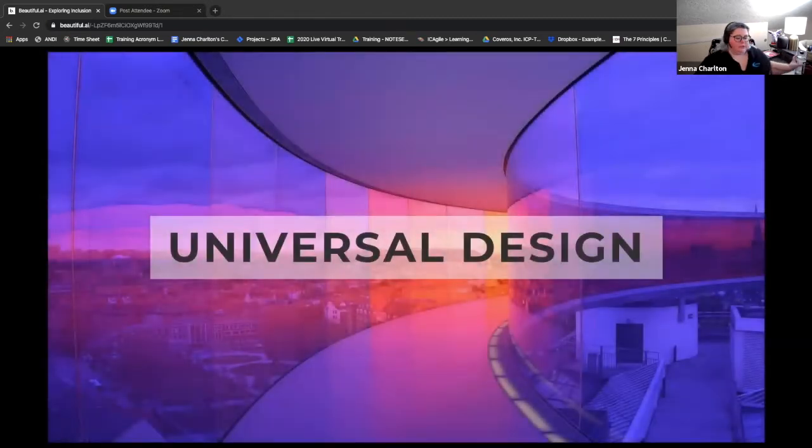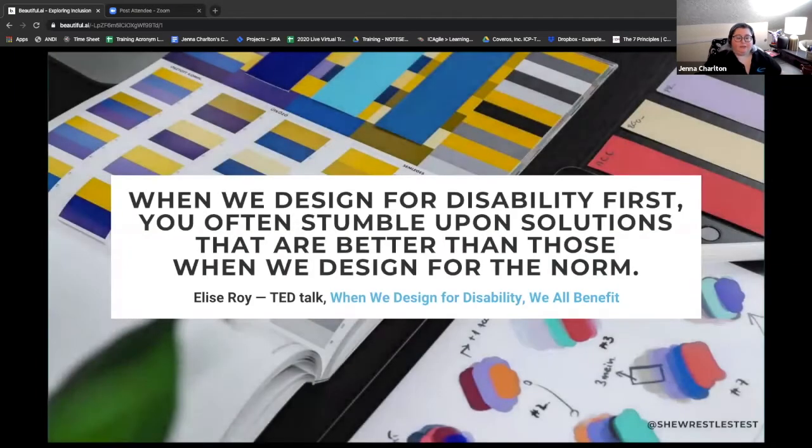Now, one of the principles of a design system is to use this principle. It's called universal design. Universal design is all about making sure that both the digital and physical world is accessible to everyone. Elise Roy, who's really kind of one of the experts on this universal design concept, says when we design for disability first, you often stumble upon solutions that are better than those when we design for the norm.